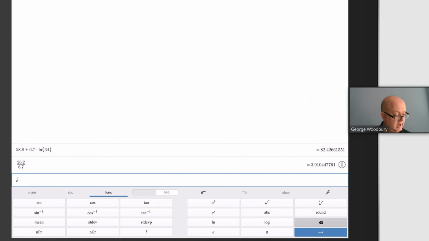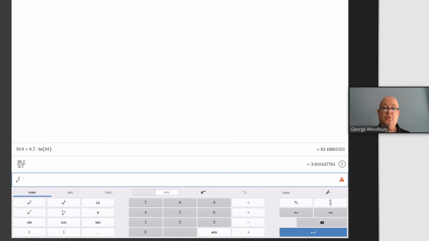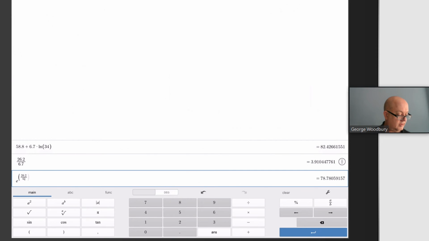Function e to the x, parentheses, because I need the 26.2 divided by 6.7 all in the parentheses. 26.2 divided by 6.7. And there I get 49.9. That's approximately 50 years.